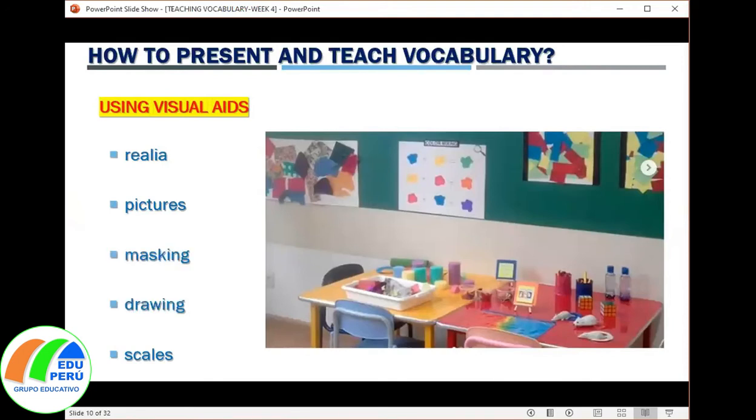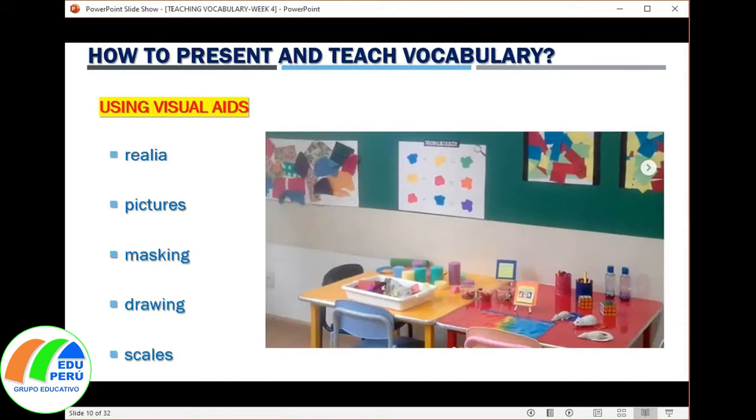You could use realia, pictures, masking, drawing, scales. For example, realia, as you know, is when we use real objects, real things. As you can see here in this classroom, you have some bottles, you have some toys that seem real, like this mouse or mice.